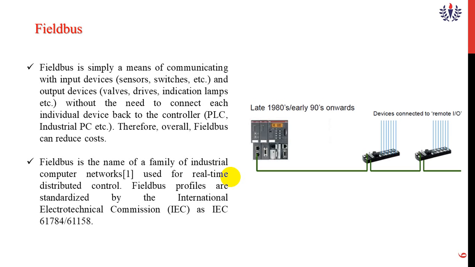Generally, the field bus is the name of a family of industrial computer networks used for real-time distributed control. These field bus profiles are standardized by the International Electrotechnical Commission, IEC, as IEC 61784/61158.